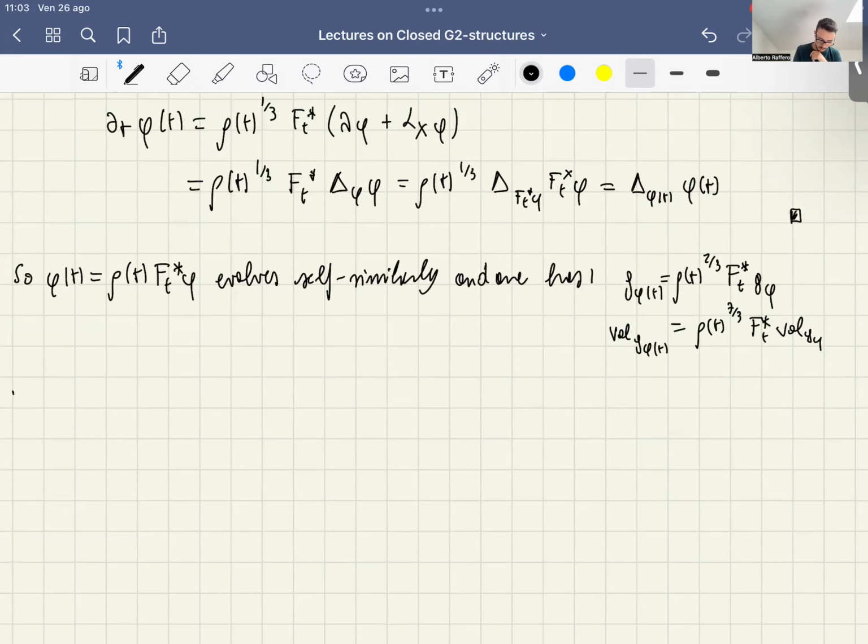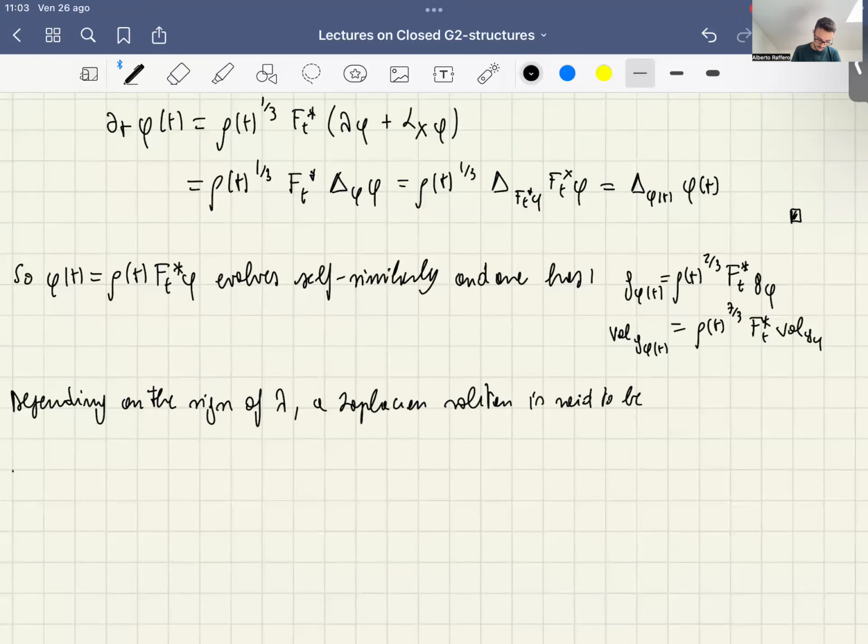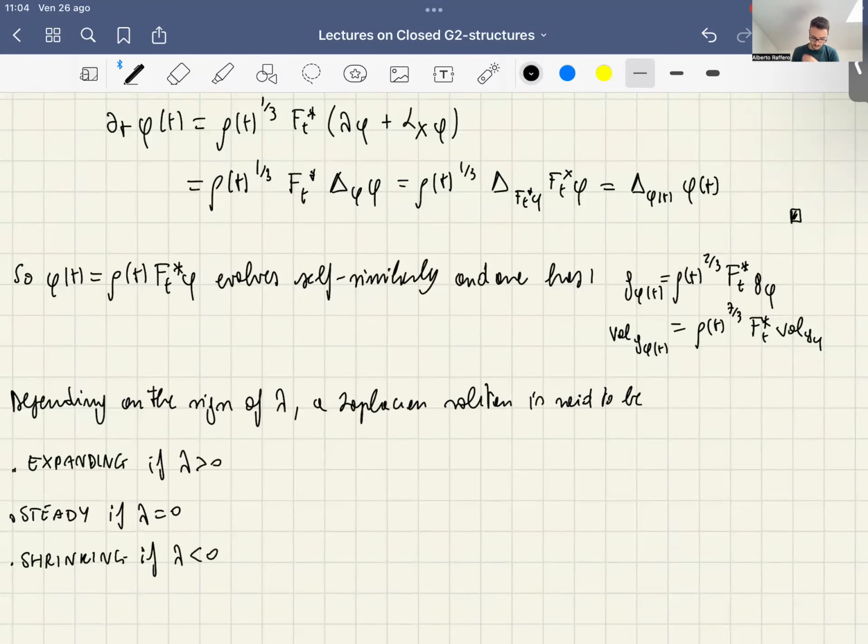And here, depending on the sign of the constant lambda, a Laplacian soliton is said to be expanding if lambda is positive, steady if lambda is 0, and shrinking if lambda is negative.